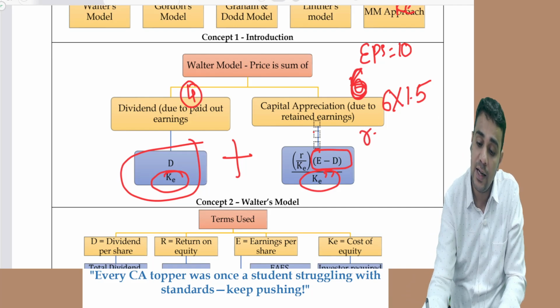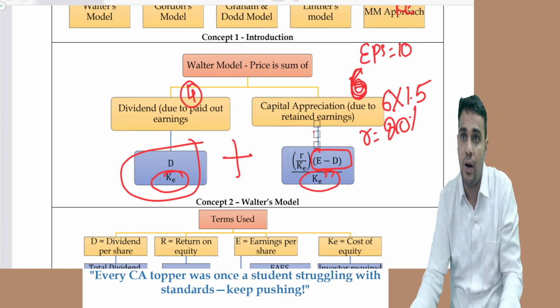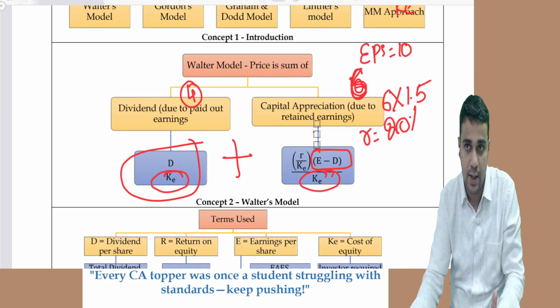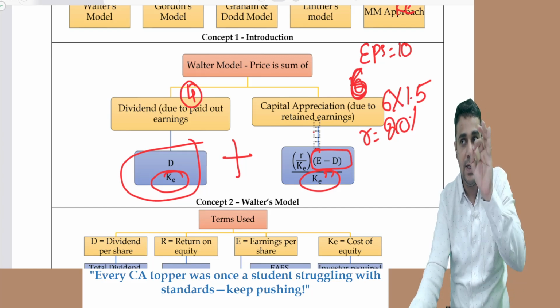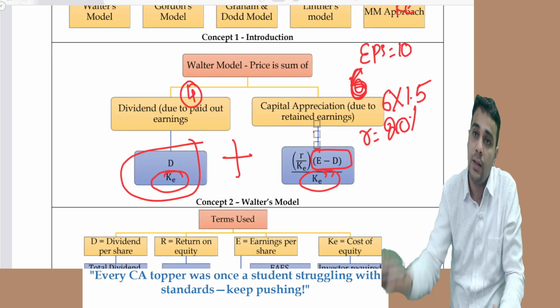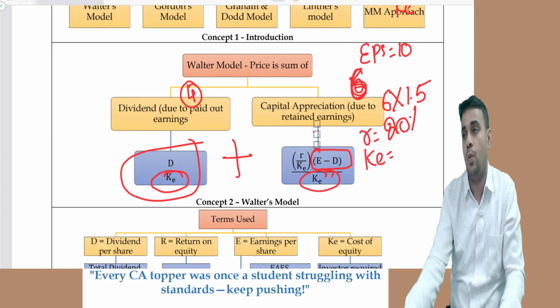Now, what is this R by KE? R is, let's assume, 20%. The company is earning 20%. R is what the company is earning. R is return on equity, what the company is earning. The return on equity formula we learnt in ratio analysis. If you remember the formula, it was EAES by amount of equity. So R is what the company is earning. KE is what the shareholder wants.